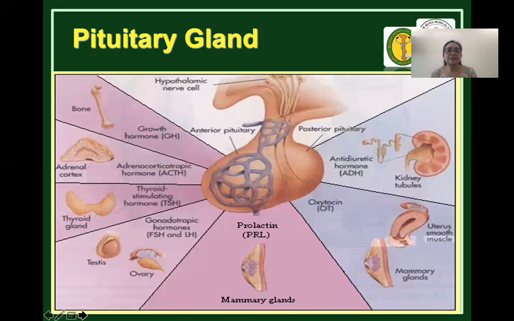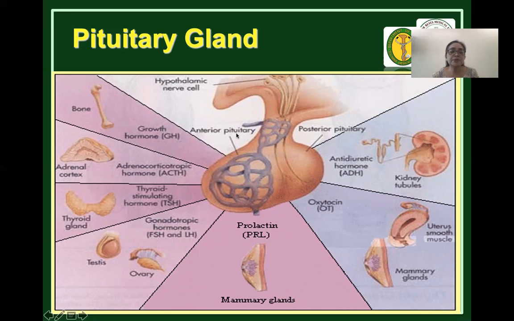The pituitary gland, if you recall in your neuroanatomy, is this structure that lies in your sella turcica. And you know that the anterior pituitary and the posterior pituitary are invaginations coming from your nerve cells, as well as the invagination of the anterior pituitary that comes from the brain tissue.